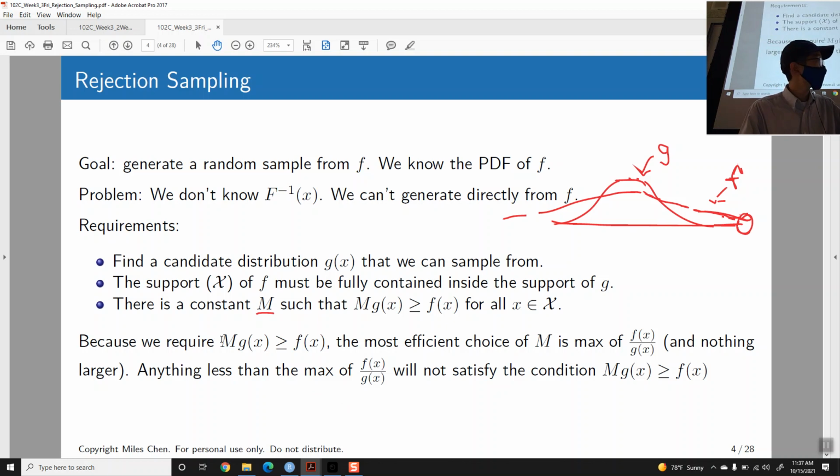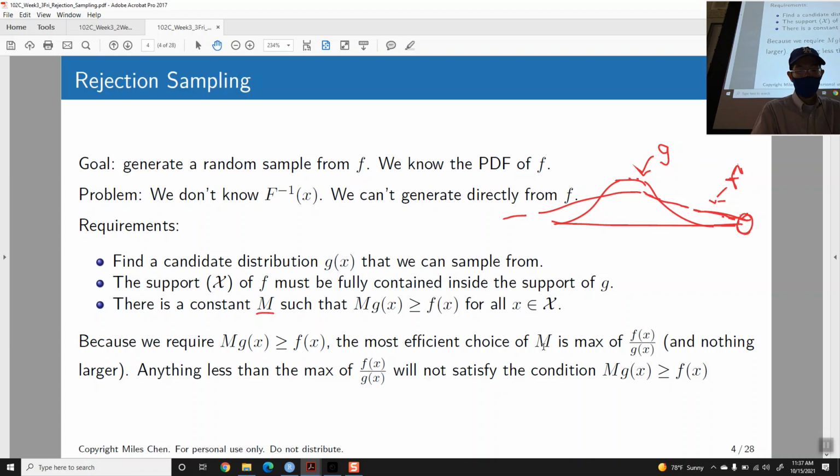If there is a finite constant though, the most efficient choice is to pick m to be the maximum value of the ratio between f and g. So what is f divided by g? The most efficient choice would be that value m and nothing any larger.